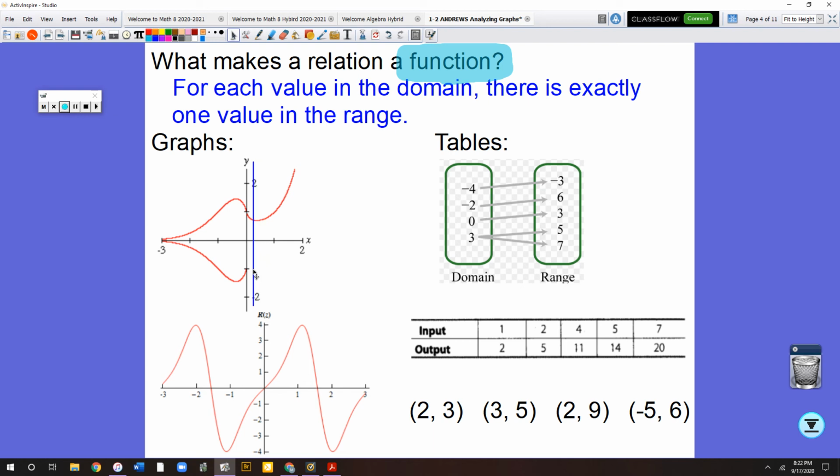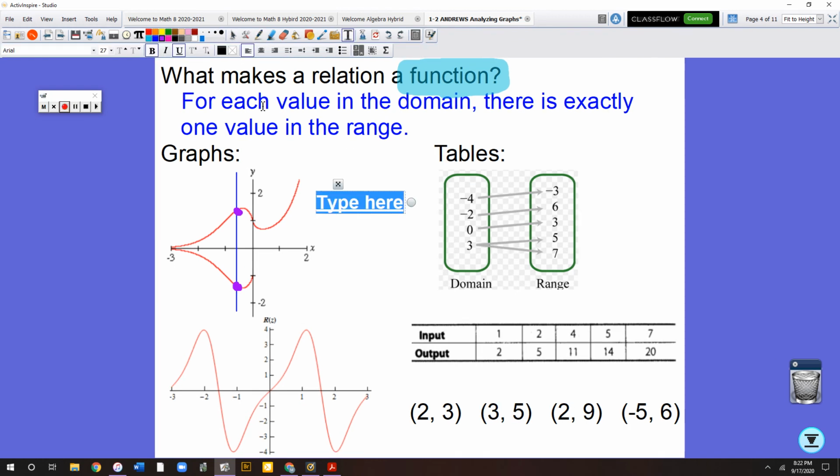But bam, I get on this side of the graph, and the blue line and the red line cross at two places. They cross here, and they cross here. So that means that this graph right here fails the vertical line test.